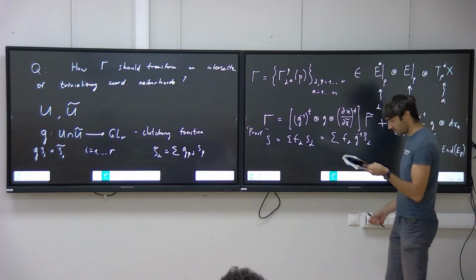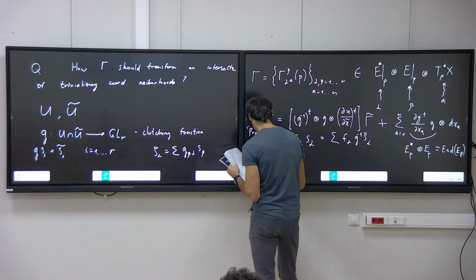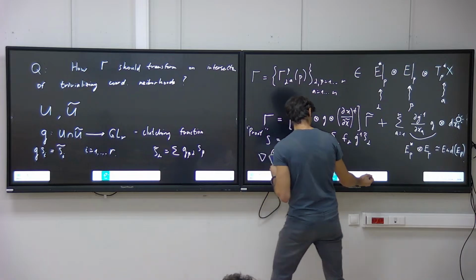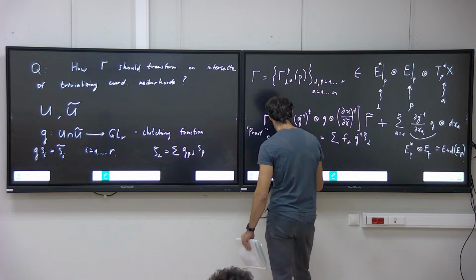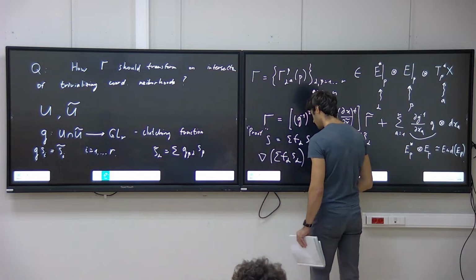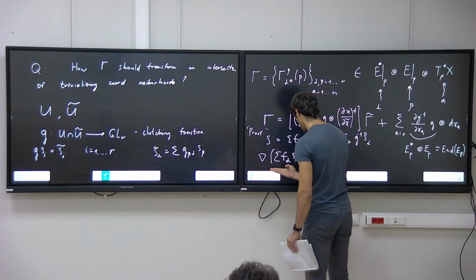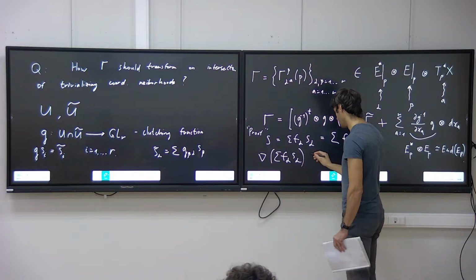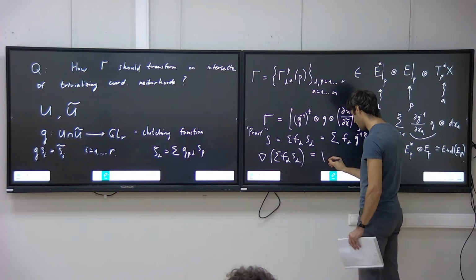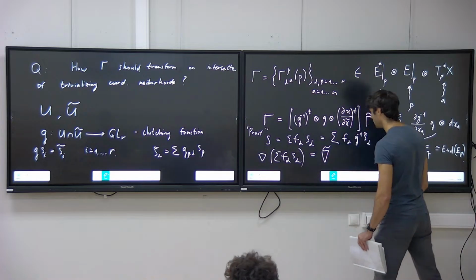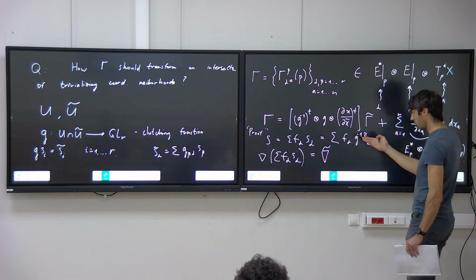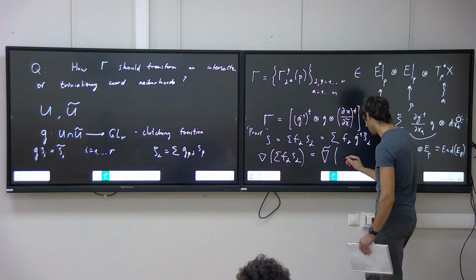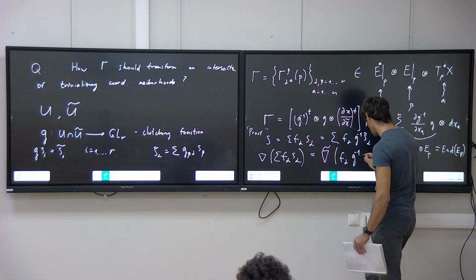Now I need to see that nabla of sum F alpha S alpha, written in terms of gammas without tildes and in terms of S, is the same as nabla tilde, I mean nabla in terms of S alpha tildes and gamma tilde. And then here I should put F alpha G inverse S alpha.